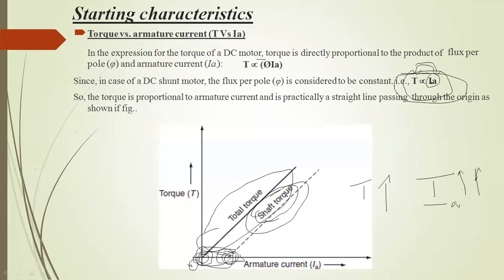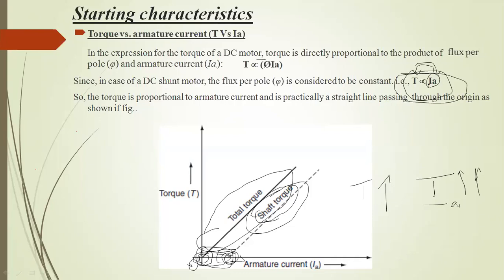So this DC motor is very important for traction purposes. For traction, we need a very high starting torque at the time of starting. To obtain the high starting torque, we need a high armature current, so a large value of Ia at the time of starting.